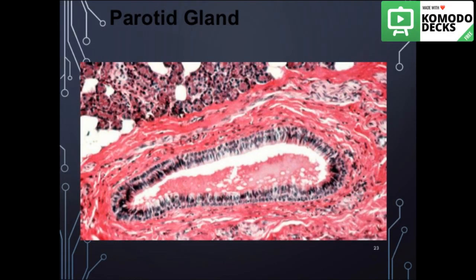A magnified look of the collecting duct. The collecting duct may have two layers of cells, with basal cell layer that may be present.